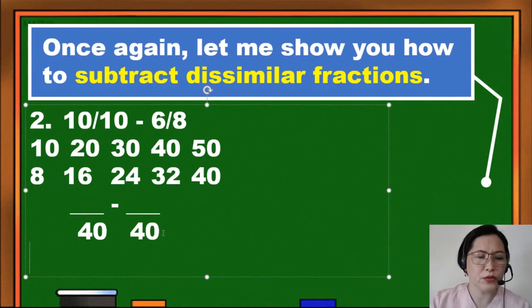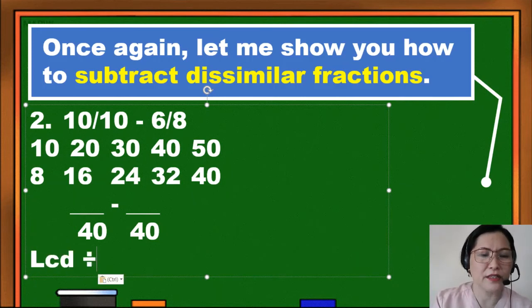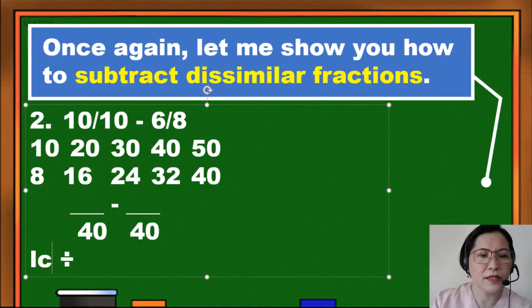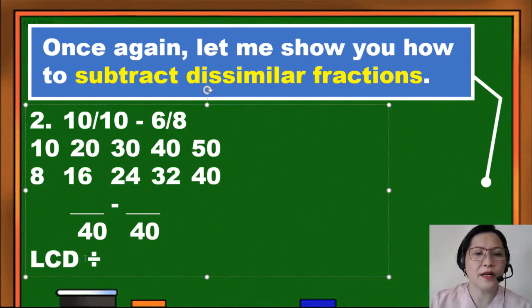We are going to do once again LCD divided by denominator times numerator.